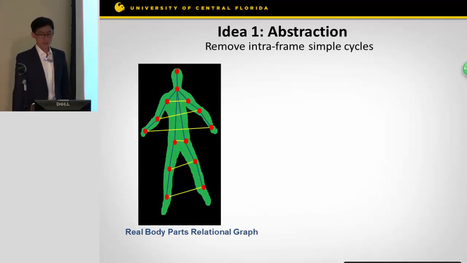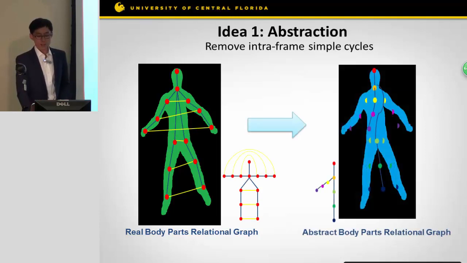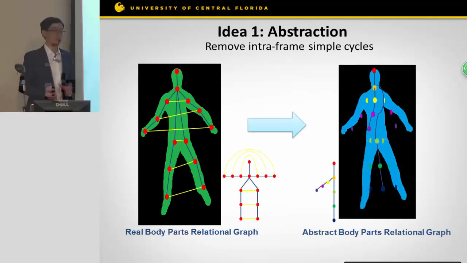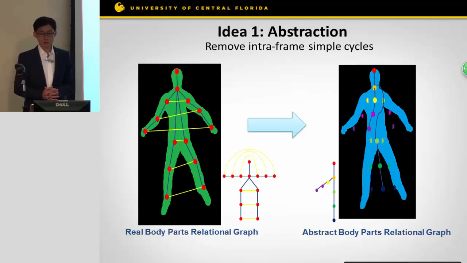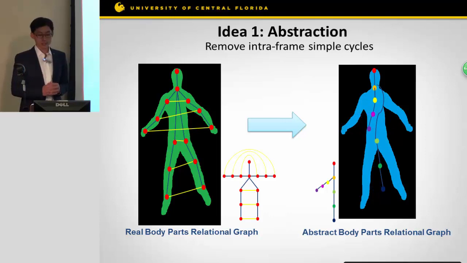And this is the original body part relational graph. Since in this graph we are using different nodes to represent different body parts, we call this graph the real body part relational graph. And what we did is to combine the symmetric body parts together. For example, for the left and the right foot, we combine them together to be one single node, which is called the feet node.